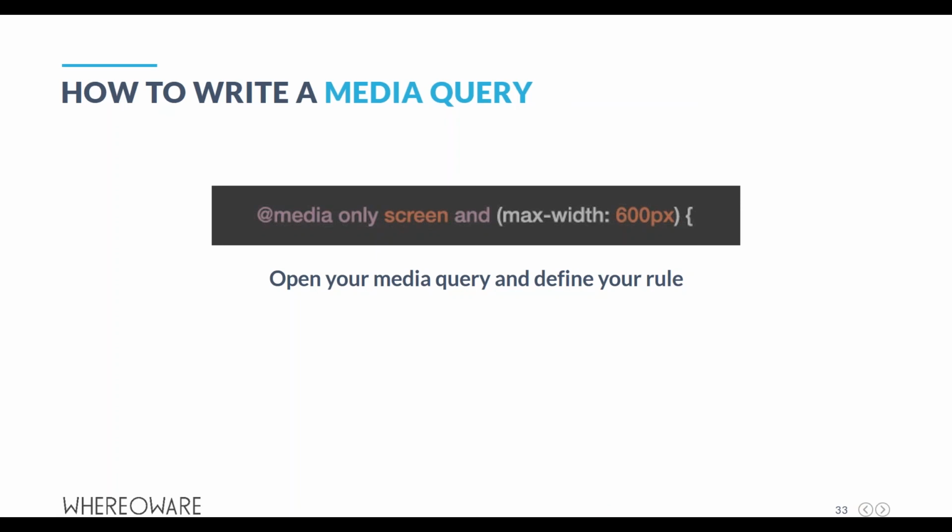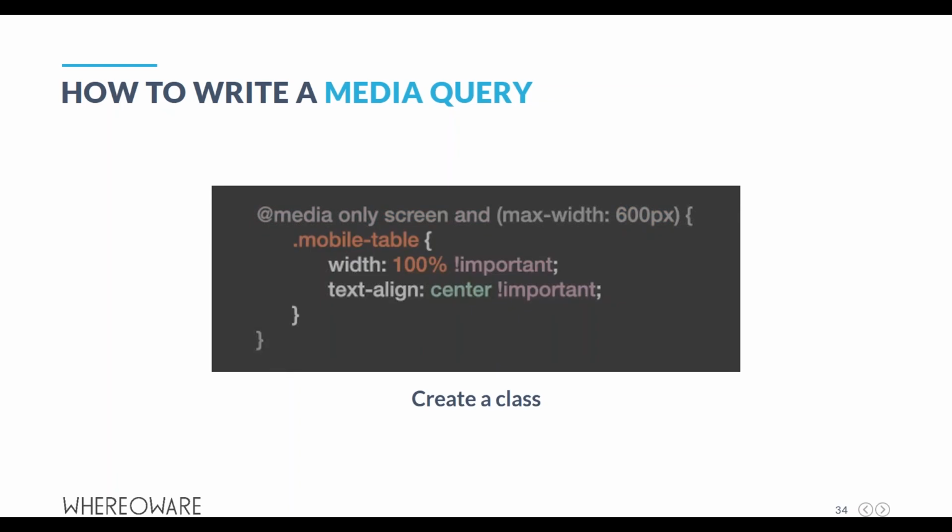So what exactly is a media query? We're going to define a media query as a set of conditional statements that target HTML elements or classes and override existing styles in your email. And on the right, you can see what a media query looks like. We open up the media query, we define the environment, and we have that conditional rule of a max width of 600 pixels. Our classes are going to be nested inside that with our styles appended to those.